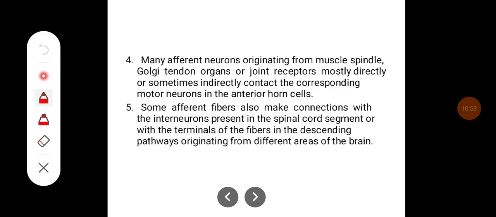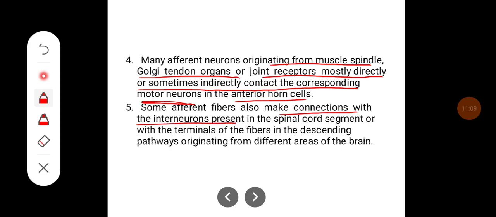Many afferent neurons originating from muscle spindles, Golgi tendon organs, or joint receptors mostly directly or sometimes indirectly contact corresponding motor neurons in the anterior horn cells. Some afferent fibers also make connections with the interneurons present in the spinal cord segment, or with the terminals of the fibers in the descending pathways originating from different areas of the brain.